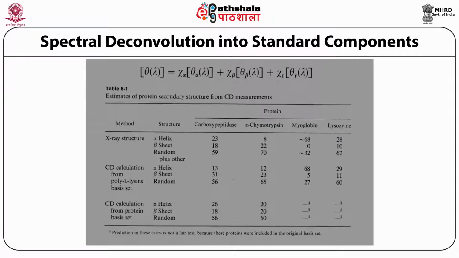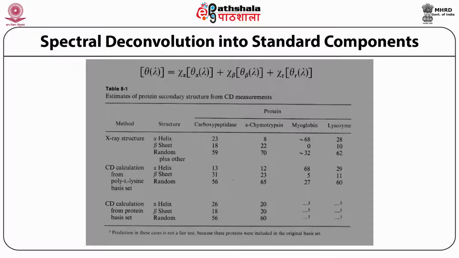We discussed how you deconvolute a structure from the standard components. For that, this equation is used: theta lambda equals xa theta lambda plus xb theta lambda plus xr theta lambda, to estimate the protein secondary structure. For example, the X-ray structures of chymotrypsin, carboxypeptidase, myoglobin, and lysozyme have alpha helical content of around 23%, 8%, 68%, and 28%.